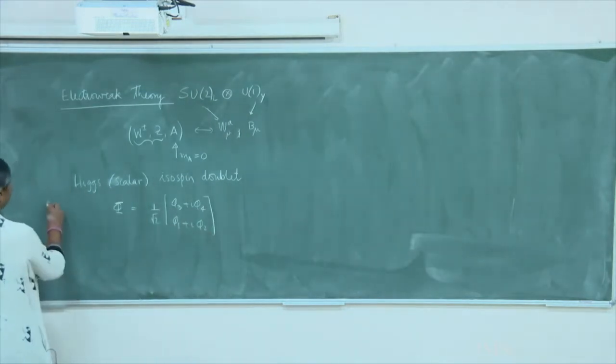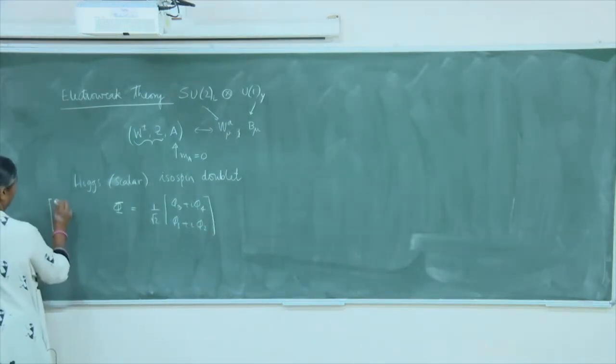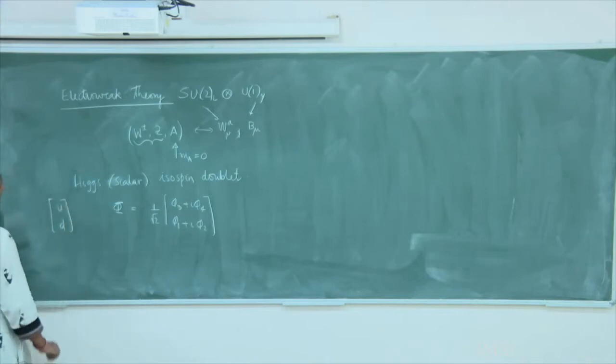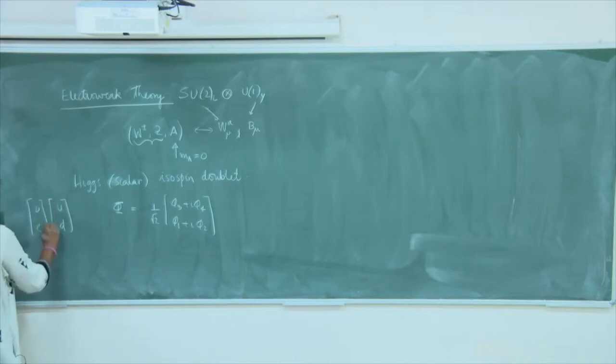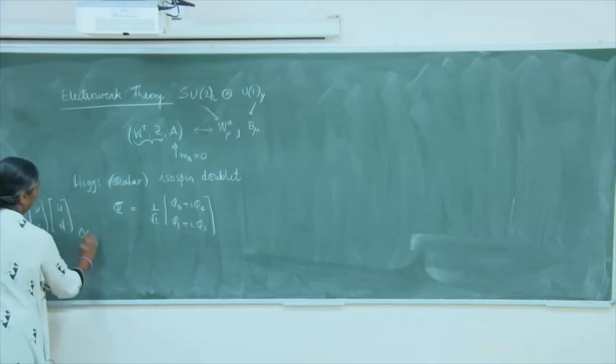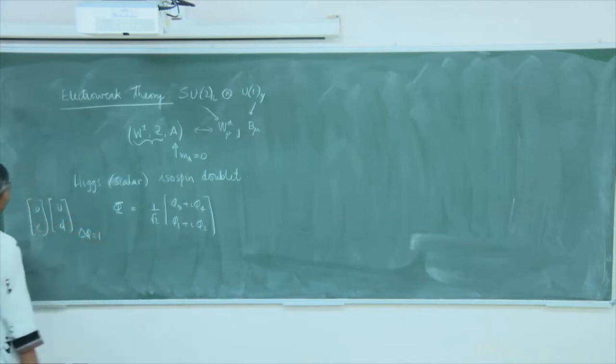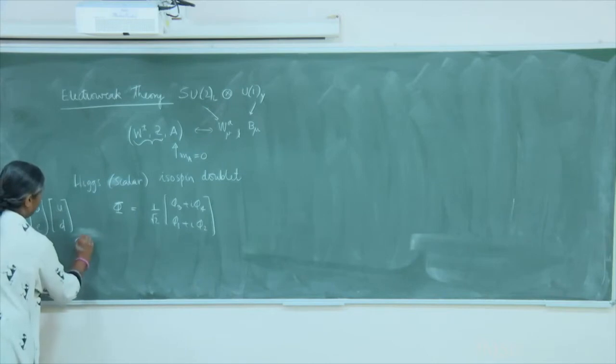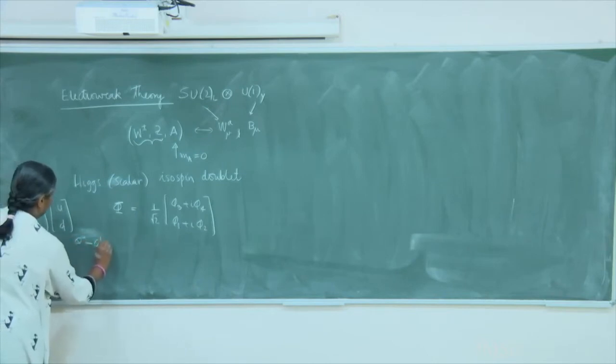Now if you just look at U and D, or neutrino and electron, you can see that delta Q is equal to 1, whichever way. So let me write it as Q upper minus Q lower is equal to 1.